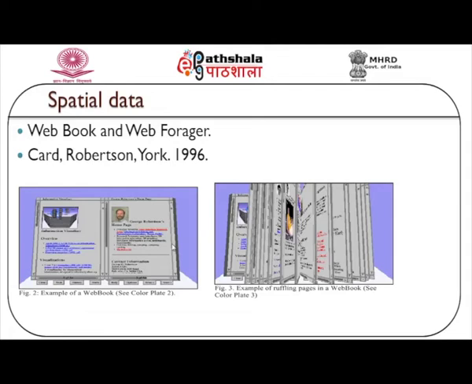Then we have spatial data representation, which can be represented in the form of WebBook. WebBook and Web Foragers are examples of spatial data representation wherein the entire data set is made available to the end user in the form of a three-dimensional book. The end user can just flip through the pages of the book and look into the entire textbook as such.